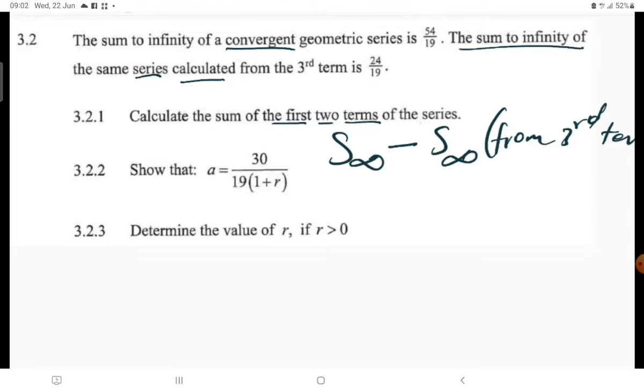So which means now sum to infinity is equal to 54 over 19. So this is what we have, this sum to infinity.